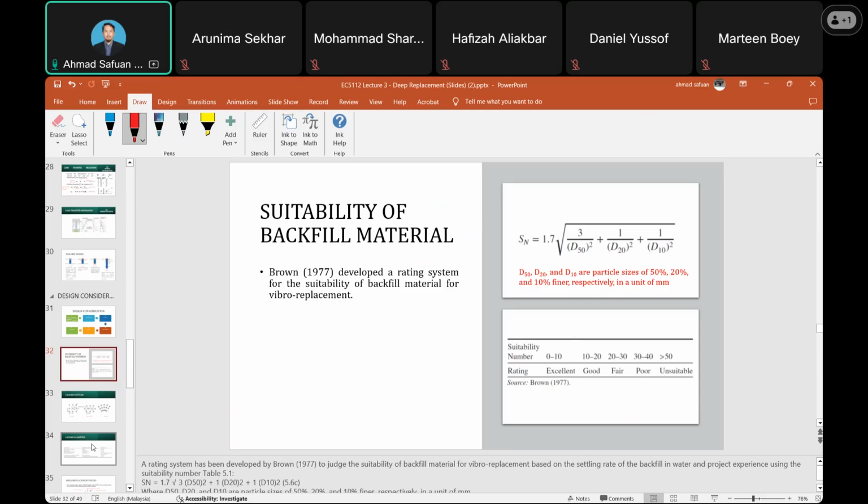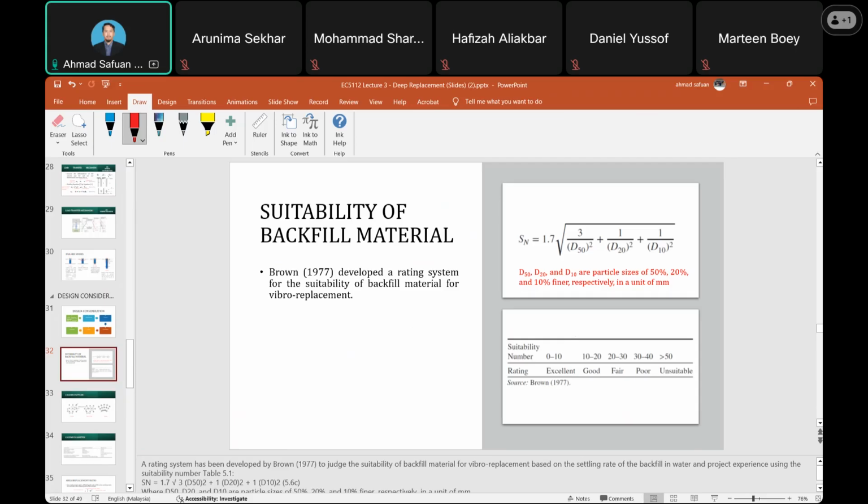If the value is between 0 and 10, this is a very excellent material for the backfill. When you go to 10 to 20, it is good, then fair, poor, and if greater than 50, it is unsuitable.